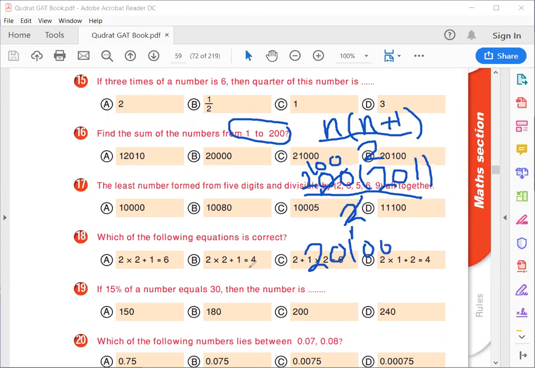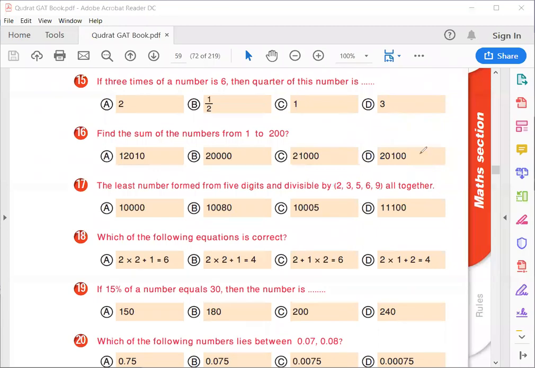Right? What is the answer here, my student? It is D. Right? Good.